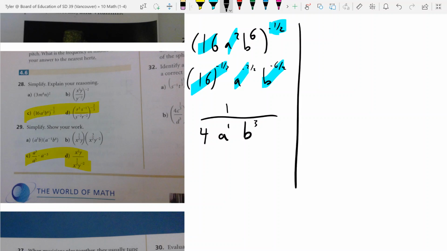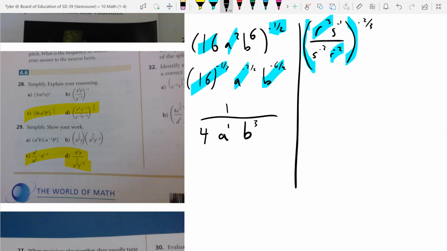The second one, 2/3. Okay. The first thing we're going to do is deal with the stuff inside the bracket. So I have r cubed divided by r to the negative 2. I'm going to subtract those.